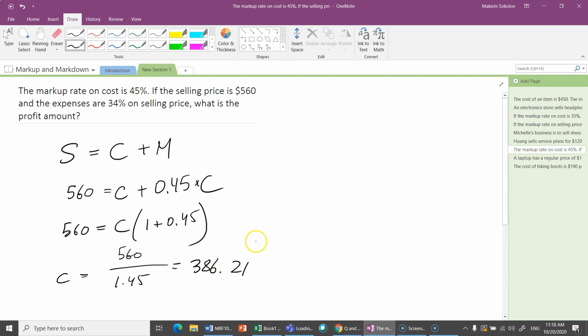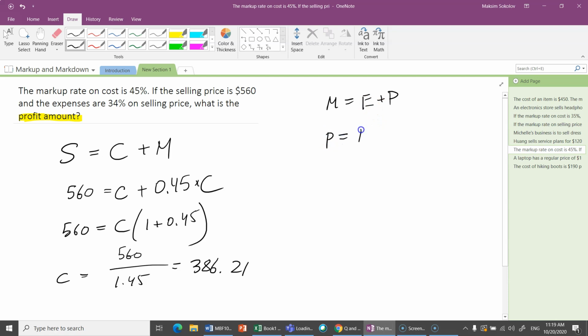We're not done yet because we need to find the profit amount. And what is the profit amount? Well, after we know the markup rate on cost, we can find markup, and we need markup because markup is expense plus profit.